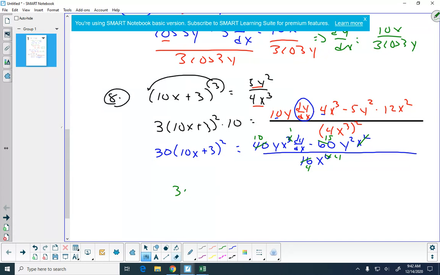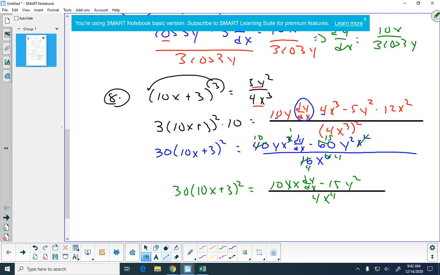So we have 30(10x + 3) squared is equal to 10yx dy/dx minus 15y squared over 4x to the 4th. Okay, solving for dy/dx.